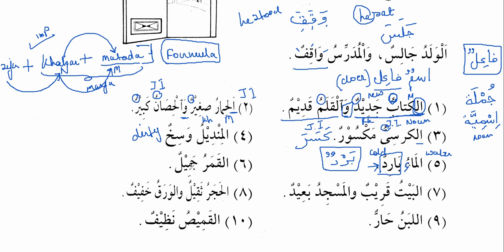Al-qamaru jamilun. Jamilun is khabar for qamar. Now another rule for mubtada and khabar is, if the mubtada is male, the khabar will also be in male noun. Al-baytu qareebun.